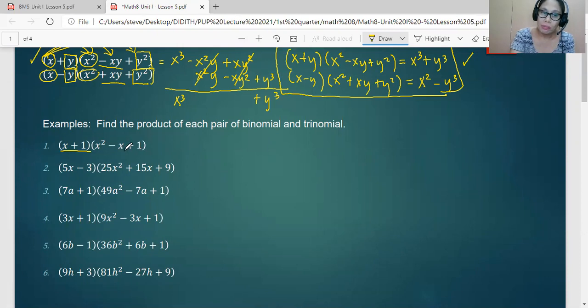And the middle term is the product of the first term here and the second term times negative 1. So we can make use of the pattern.